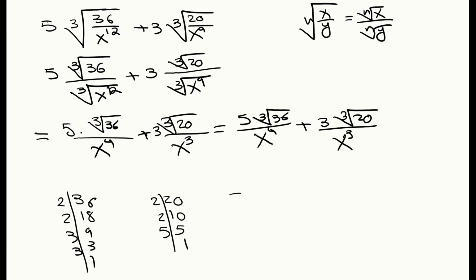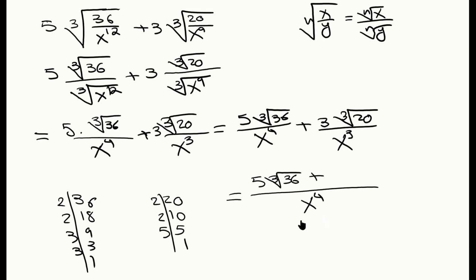Now we can actually combine those into one fraction by finding the common denominator, which is simple enough here. It's going to be x to the 4. So this denominator is already x to the 4, so we don't do anything to that fraction. We get 5 times the cube root of 36 plus this denominator is x cubed.